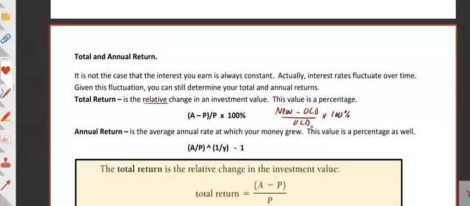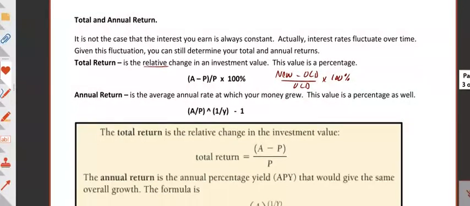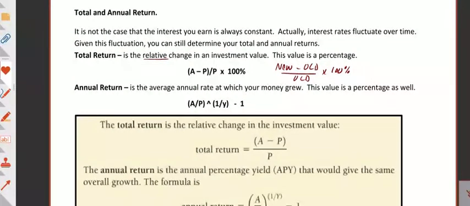Okay? Annual return takes that amount A, the amount that's in the account, that final balance, divides it by P, the principal amount that was invested. That amount is raised to the 1 divided by Y power. Then that whole amount, we take it and subtract 1.